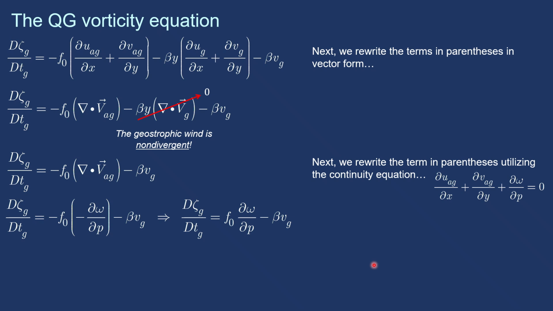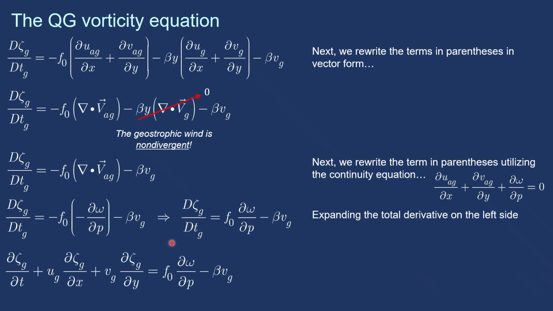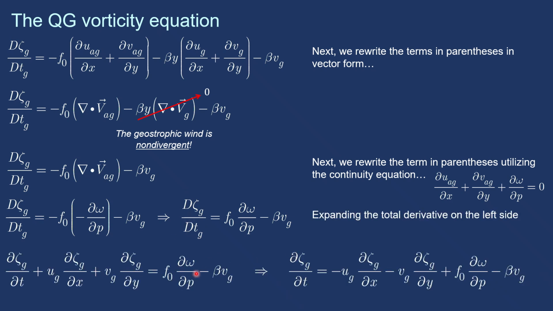And we're almost there. The last part of this is we don't want the total geostrophic derivative of the geostrophic vorticity. We just want the local tendency of the geostrophic vorticity. So we're going to break up this total derivative into its local tendency plus its advective parts here. We'll move the advective parts to the right-hand side of the equation.